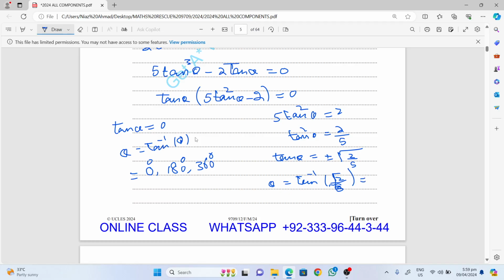So it will give you 32.3 degree, and when you take theta with the negative term, tan inverse of negative under root 2 over 5, it is giving us negative 32.3 degree.